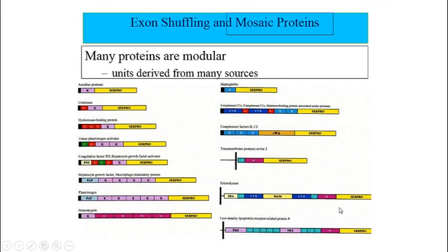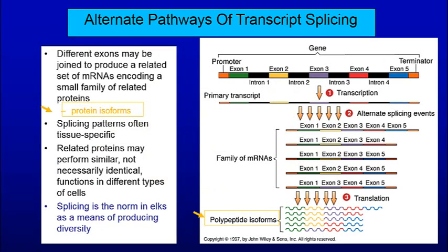And so here we can see different exons being involved and different combinations. Note that the order is the same. What's different is which ones are pulled in. So they all have green, and they're all in blue if they have blue. This one doesn't have blue, you can see. But you make these combinations off of the same gene.